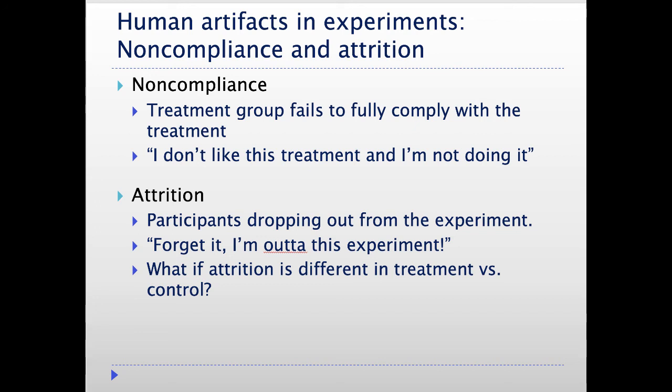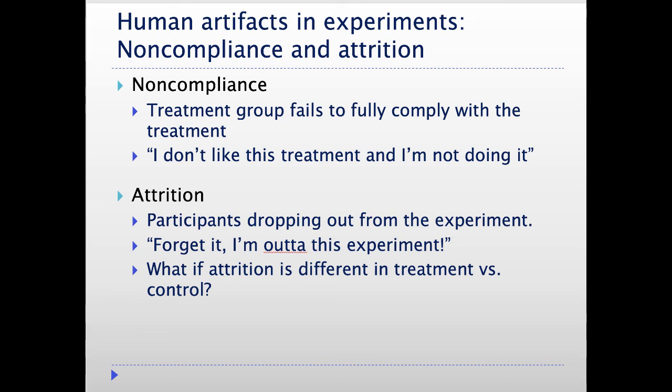So I don't think this is the greatest terminology, but it's the one that's standard. And it does mean you assign people to a treatment group and you say, hey, you guys are supposed to follow this program, do the treatment. And some of them are like, yeah, no, I don't think so. I know I agreed to be in this experiment. You can keep collecting data on me, but yeah, I'm not doing that. Sorry. And that's a big one.